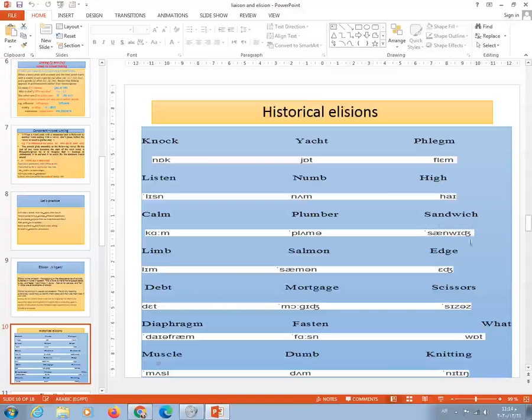Sandwich or sandwich. You know, it reminds me of an Arabic example.